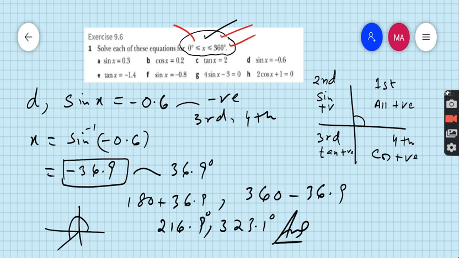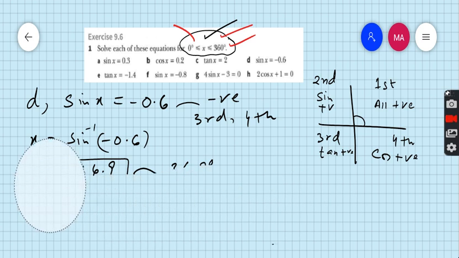So whenever you find the value of x negative, convert it into positive and then find all the values. Okay, but if the value is greater than 90 degrees and negative, then we should subtract first from 180. How? I will show you in the part where this situation arises. So this is our final answer, 216.9 and 323.1.